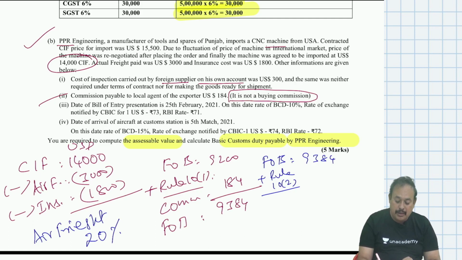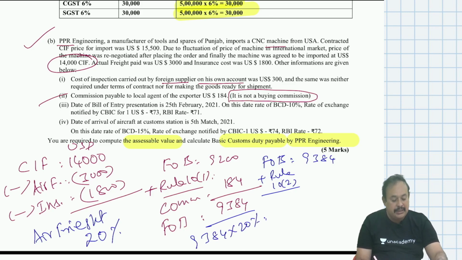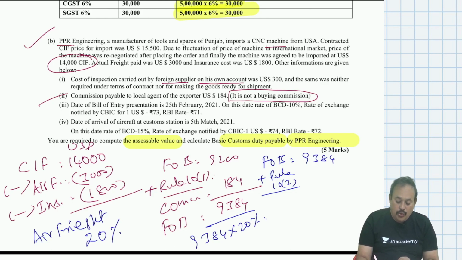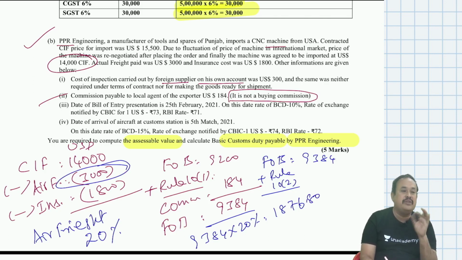FOB value of customs, here they given 9,384 multiplied by 20%, which is $1,876.8, or actual air freight 3,000, whichever is less. Which is less here? 1,876.80 is the lesser value.